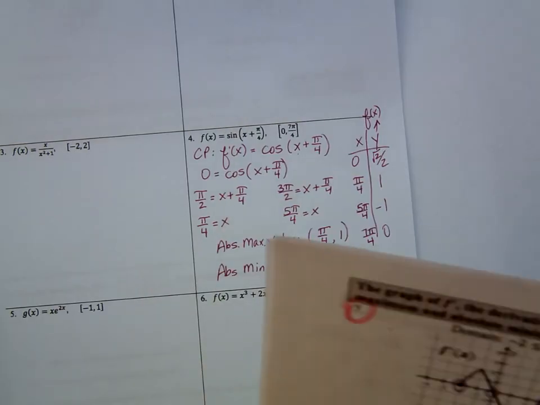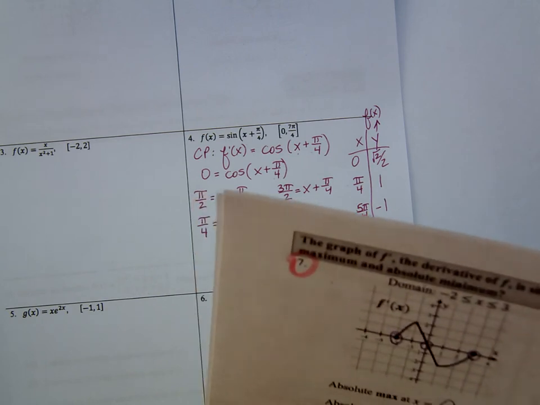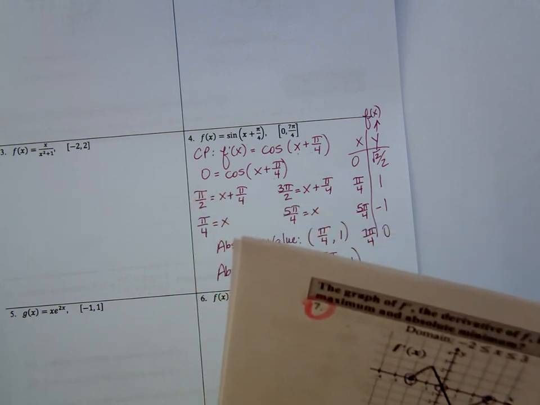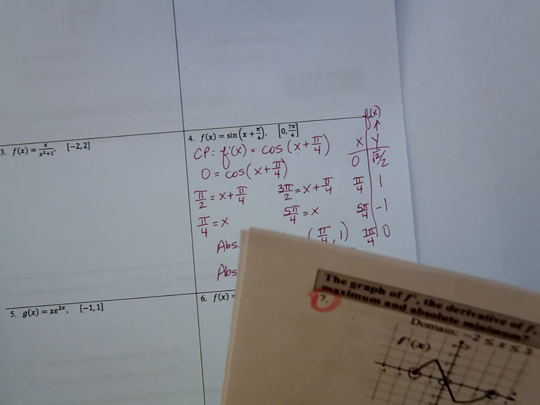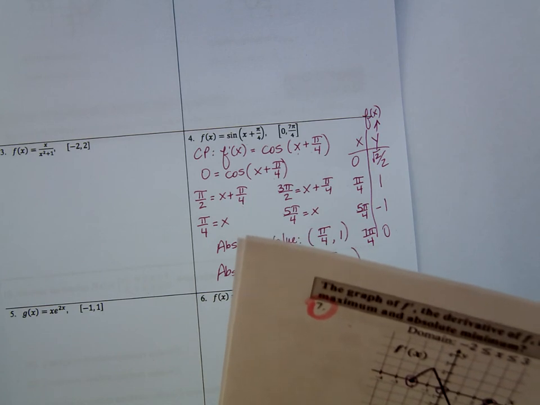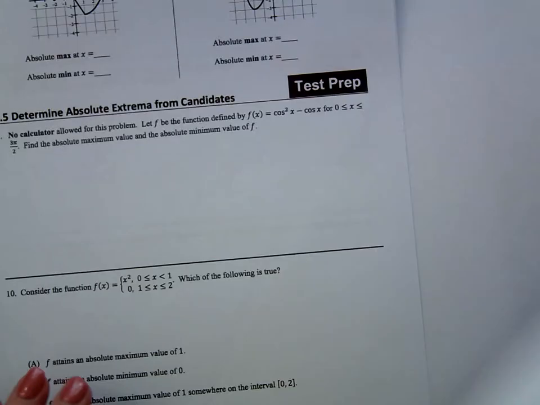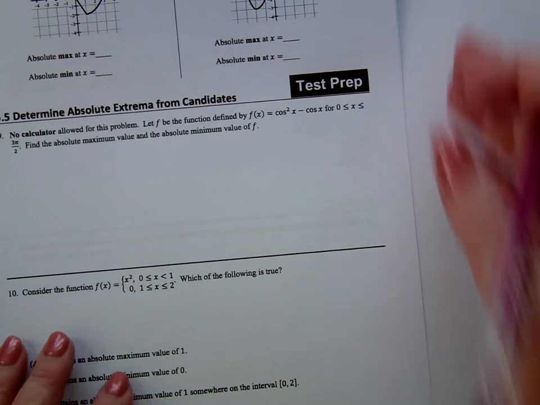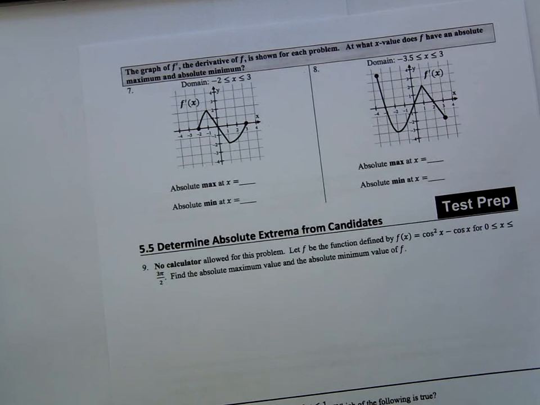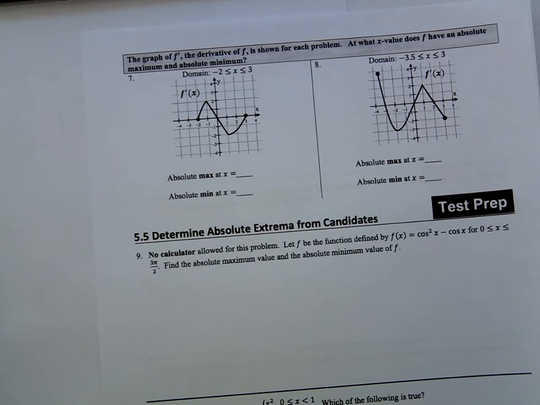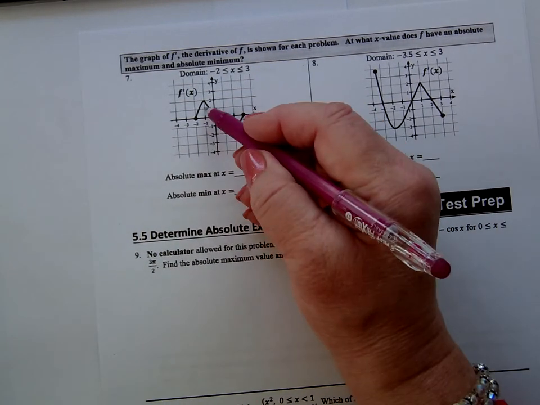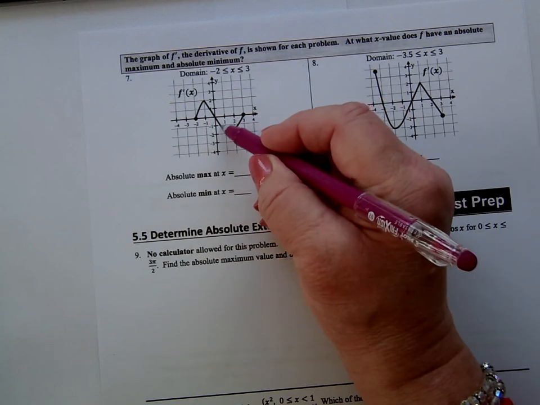Let's see what else I picked here. So if I look at the graph again, number 7, like that graphing one that we talked about a little bit ago. This is a positive first derivative, this is a negative first derivative.